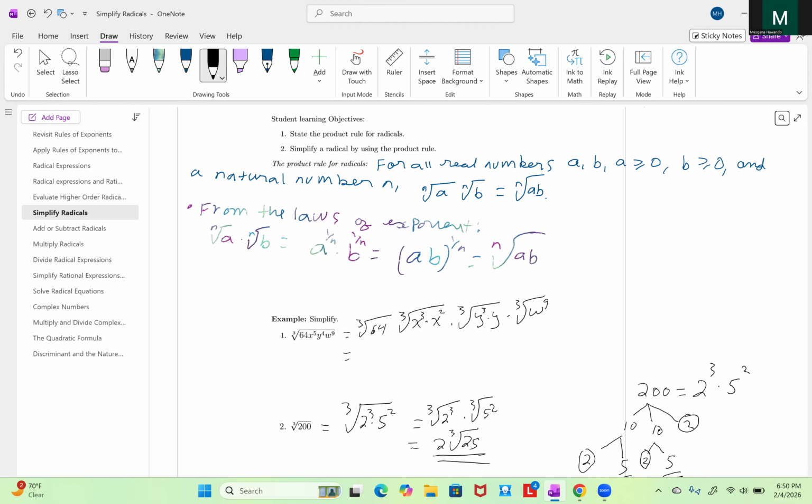This here is equal to the cube root of 4 cubed, which is 64. 4 cubed is 64.